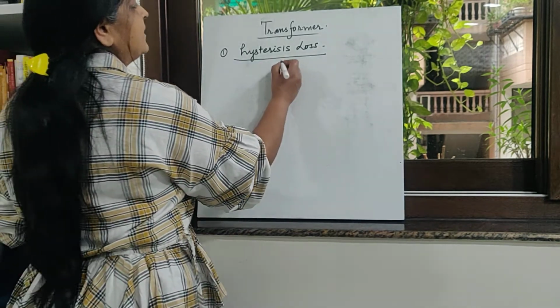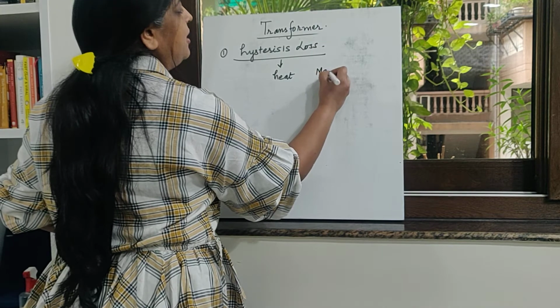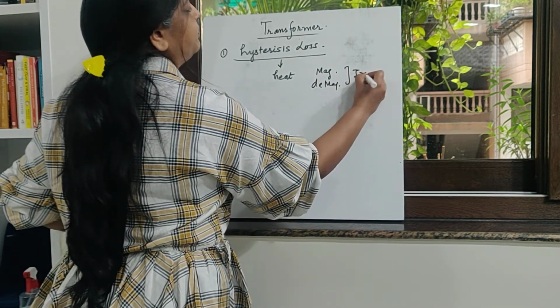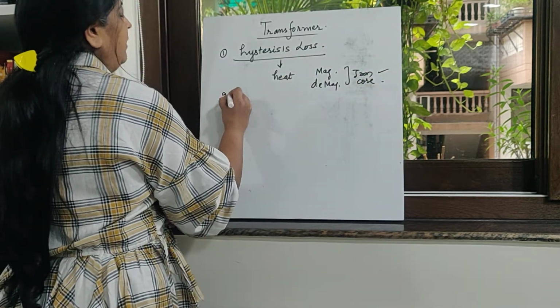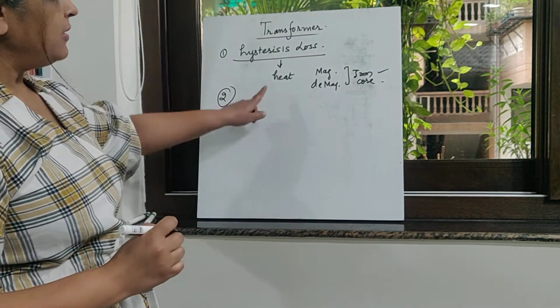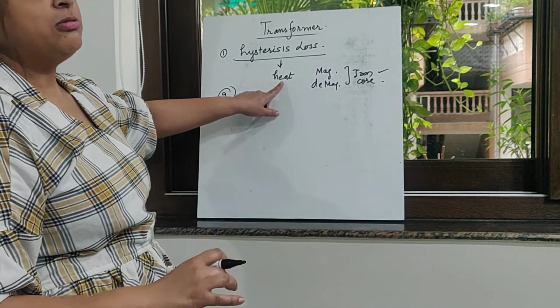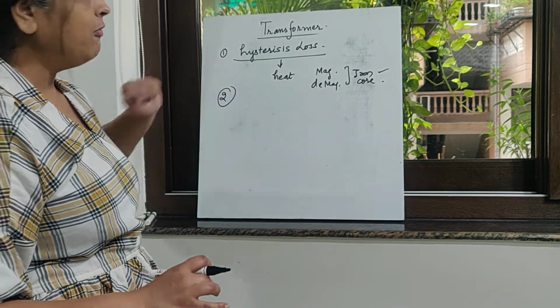So one is the hysteresis loss, in the form of heat due to magnetization and demagnetization of the iron core. Whenever heat is produced, the input power can never be equal to the output power. It means some of the power has been lost in the form of heat.